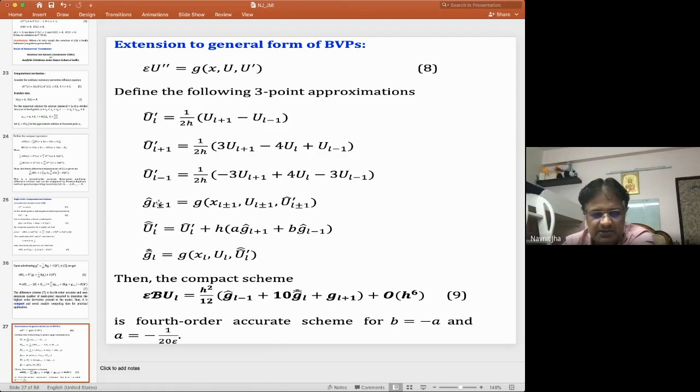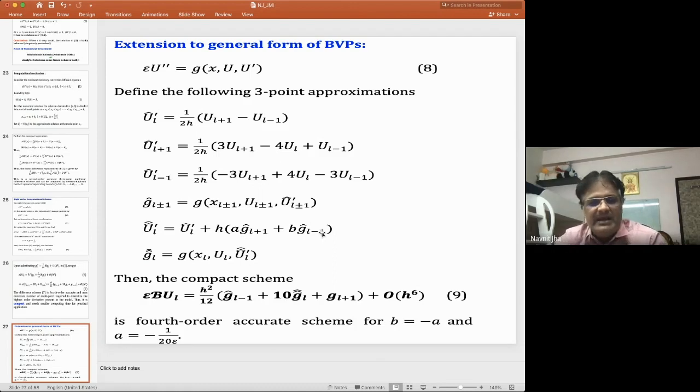With this availability, I am going to update the first order derivative at the central point, that is at xl, by the relation u double cap prime equal to u single cap prime plus h times a g l plus 1 cap plus b g l minus 1.